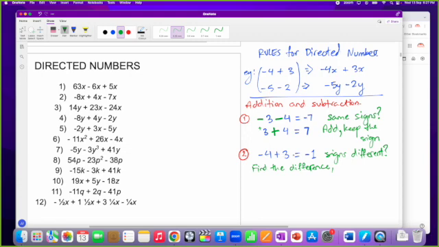The difference between 3 and 4 is 1, but you keep the sign of the larger number. The larger number is the 4, so we're going to keep the sign of that 4, which is a negative, right? So you keep the sign of the larger number.